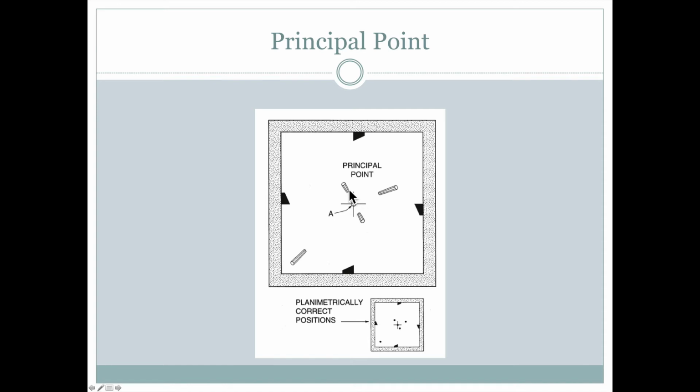But anything else that has any relief associated with it, whether it's a land or a building or a water tower or a tree or anything else, is going to lean away from the principal point on an aerial photograph. So these things are all leaning away from the principal point. It doesn't matter where they are on the photo. They're always going to lean out from the middle. And we can correct for that, as we'll see, but that does require some additional steps.